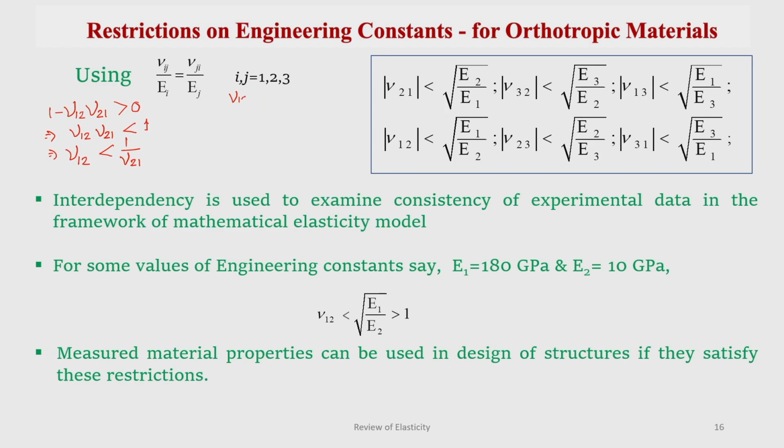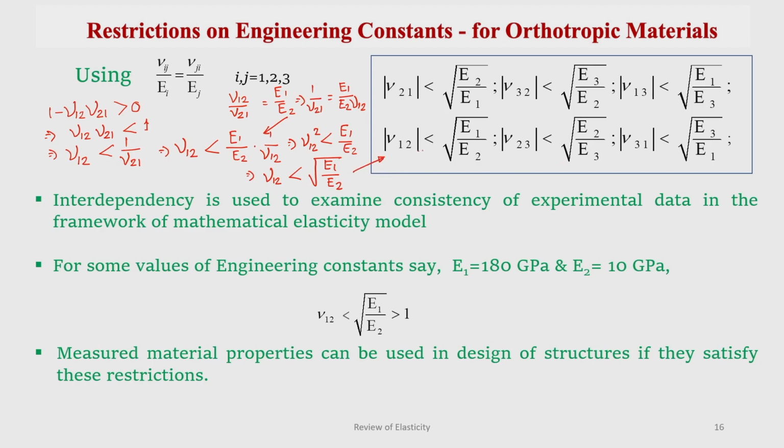We know that nu12 by nu21 is equal to E1 by E2, which implies 1 by nu21 is equal to E1 by E2 into nu12. So, this implies nu12 is less than or equal to E1 by E2 into 1 by nu12, which implies nu12 squared is less than or equal to E1 by E2, which implies nu12 is less than under root E1 by E2. So, we get this relationship: nu12 is less than under root E1 by E2.